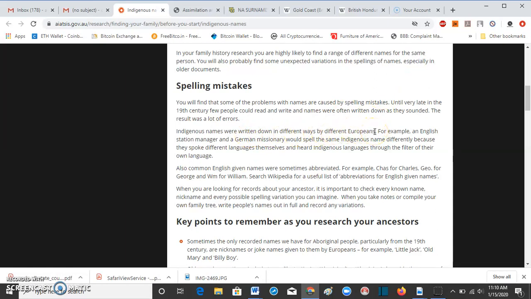You hear that? It was based upon the language that they were speaking, right? So, for example, an English station manager and a German missionary would spell the same indigenous name differently because they spoke different languages themselves and heard the indigenous language through the filter of their own language.